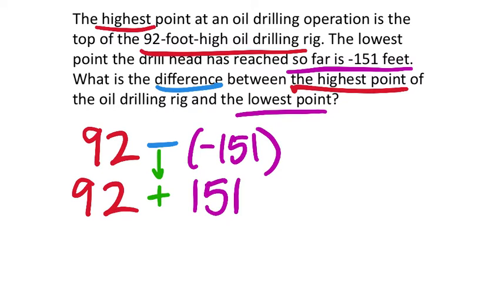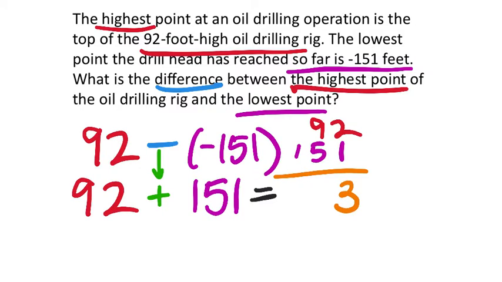See how this ends up being an addition problem? And so 92 plus 151, what would we get on this one? 2 plus 1 is 3, 9 plus 5 is 14, carry the 1. 1 plus 1 is 2. 243 feet of difference between the high and low point.